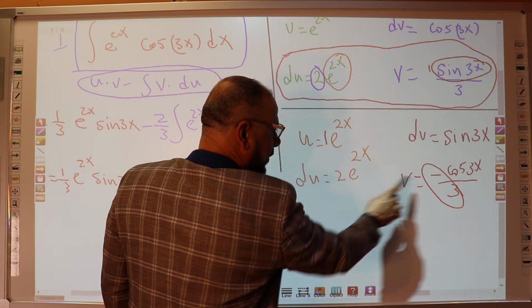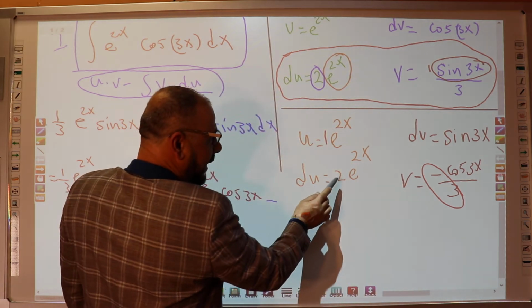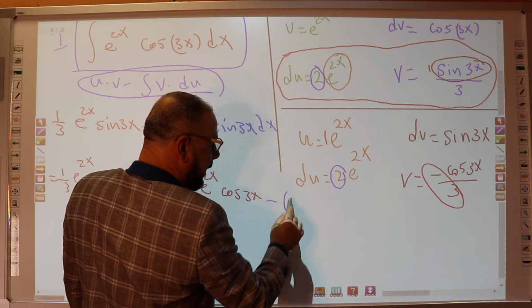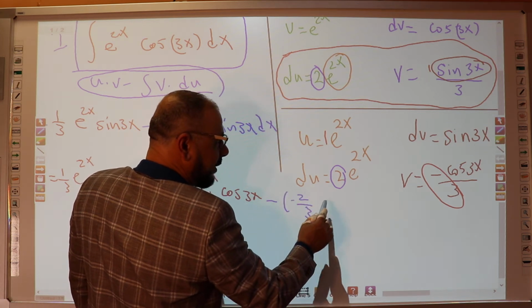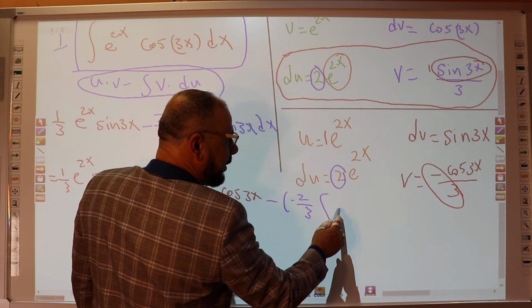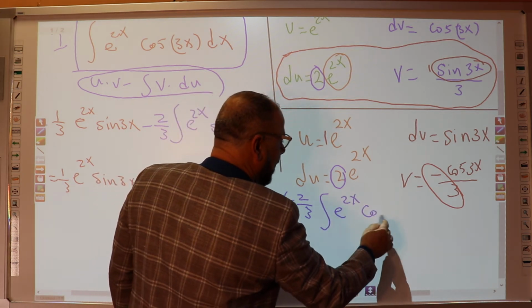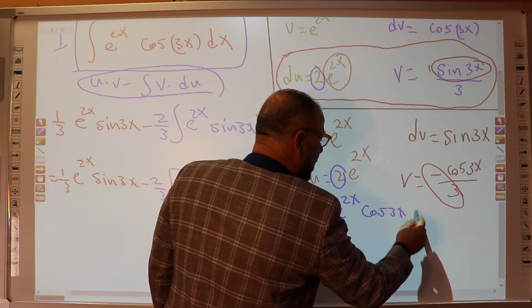We have 2 here, and negative 2/3 integration of e to the 2x cosine 3x dx.